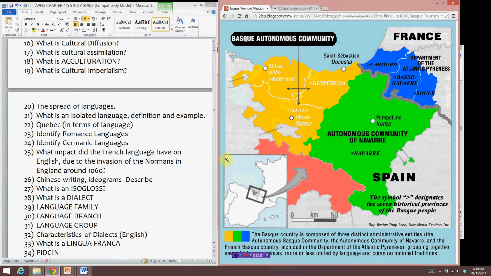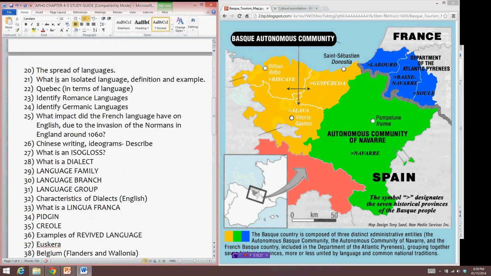Everyone else in Europe is speaking Indo-European. These guys here are speaking Euskera, which is not in any way related to the Indo-European languages. And so that's one thing that definitely separates the Basque and their language from the rest of Europe. So it's a good example of an isolated language.